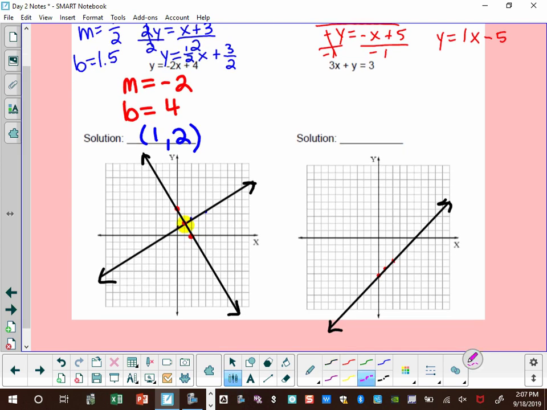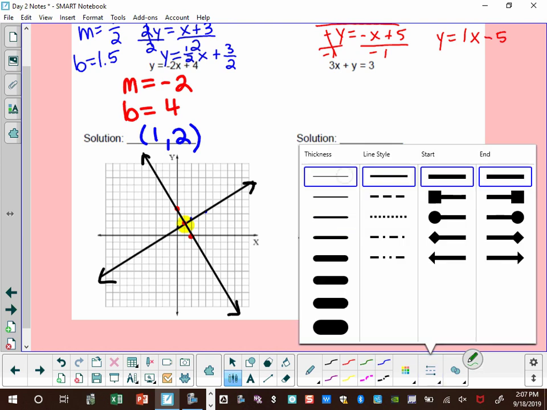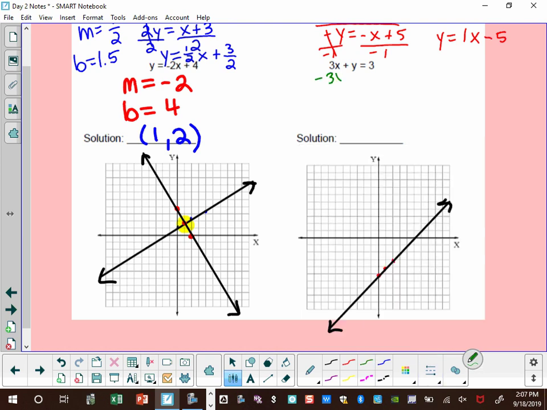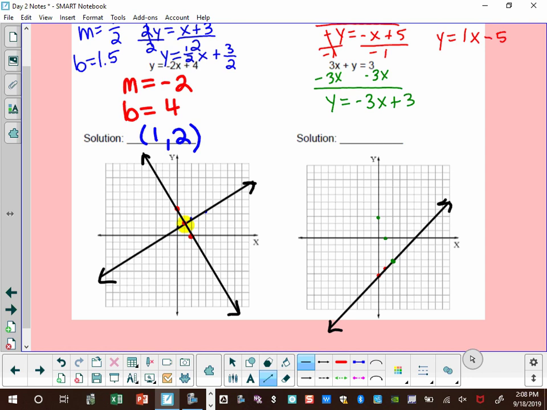Look at the second line, and then solve for y. And have y equals -3x plus 3. My y-intercept is +3, and my slope is down 3 over 1. So we can already see our solution.